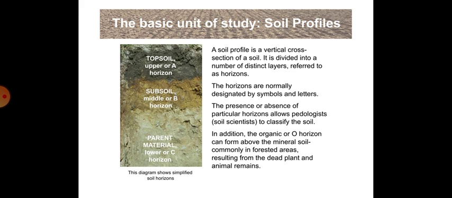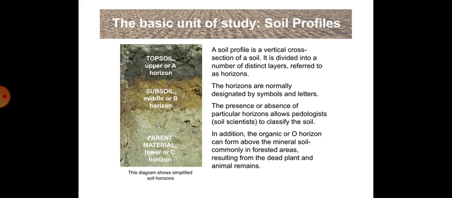The basic unit of study, the soil profile, is a vertical cross section of a soil. It is divided into a number of distinct layers referred to as horizons. The horizons are normally designated by symbols and letters. The presence or absence of particular horizons allows pedologists, or we can say soil scientists, to classify the soil.